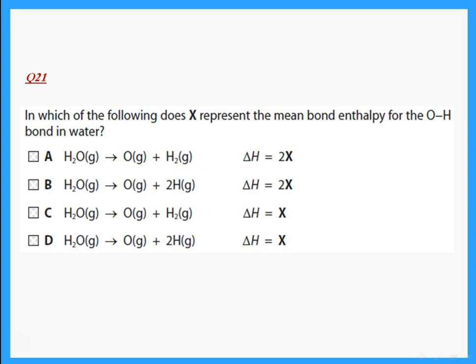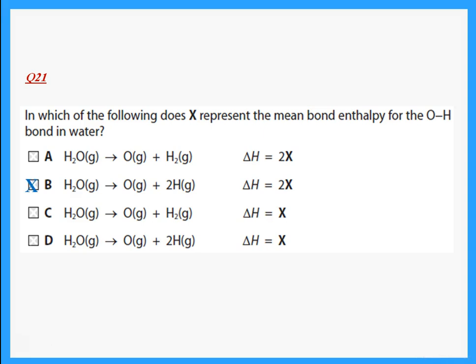This is another question. It says, in which of the following does X represent the bond enthalpy for the OH bond? The mean bond enthalpy for one bond. There are several equations.